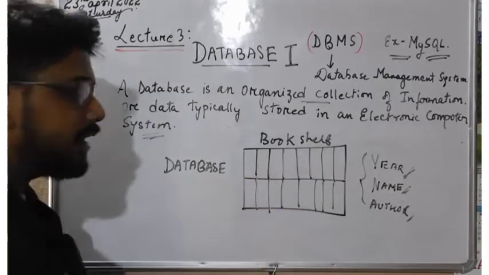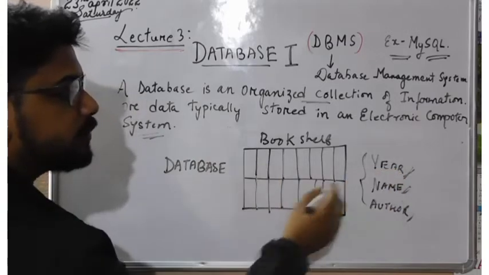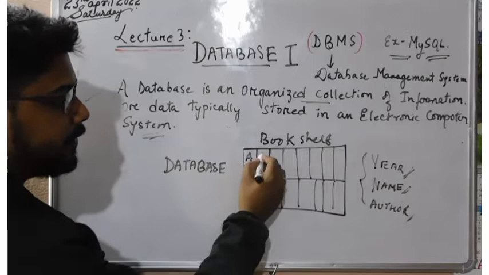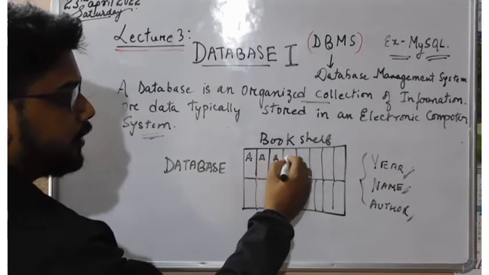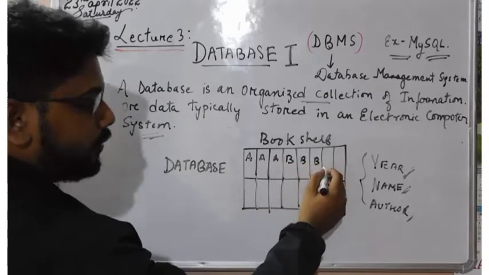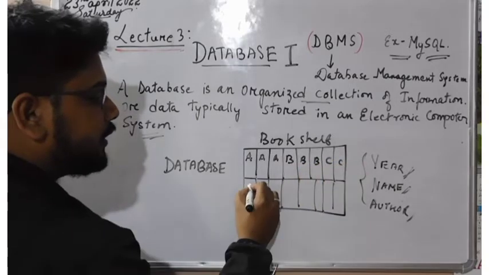In a similar manner, if I keep all the books by their name, suppose a book starts with the letter A, it is available here. The book which starts with B is available here. Books which start with C are available here.